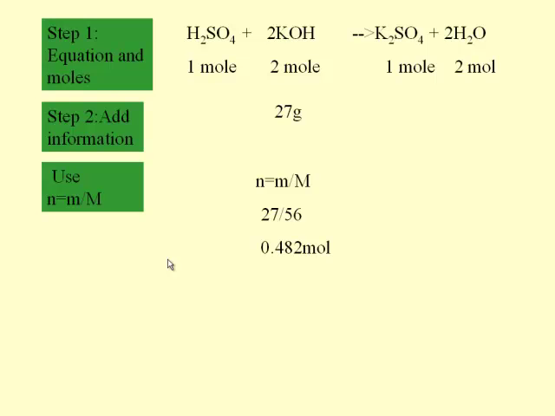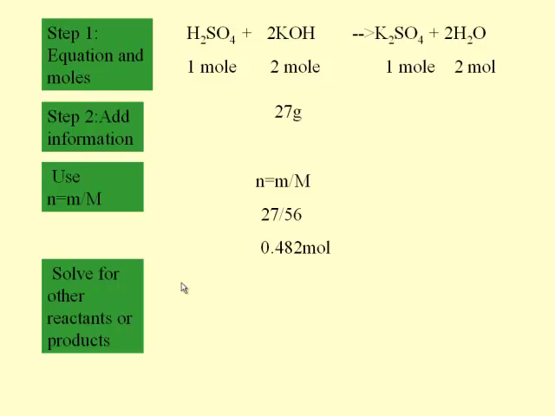Right, so what will H2SO4 be? If that's 2 moles, that's 1 mole. So if that's 0.482, that has to be 0.241, 0.241, and 0.482. Everyone see that? Yeah? It's critical.